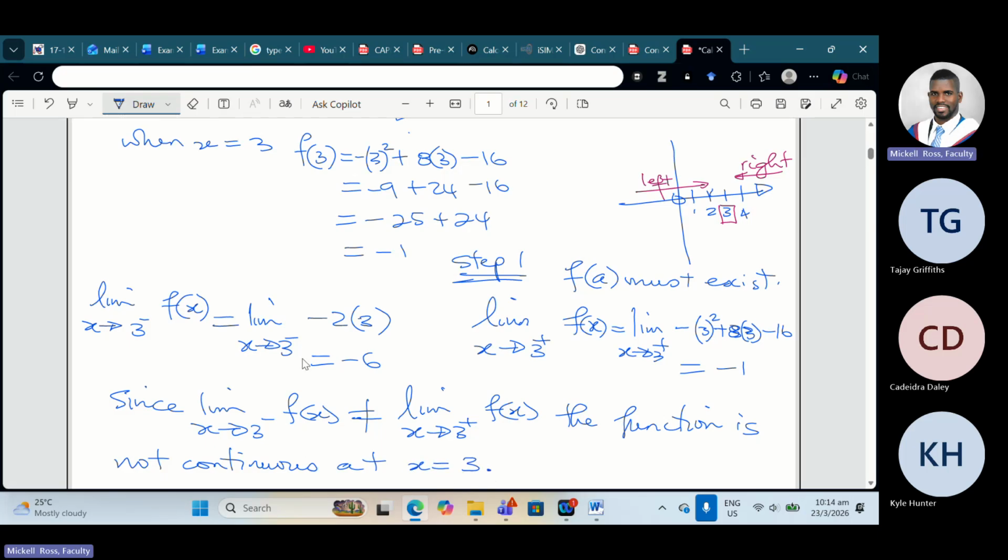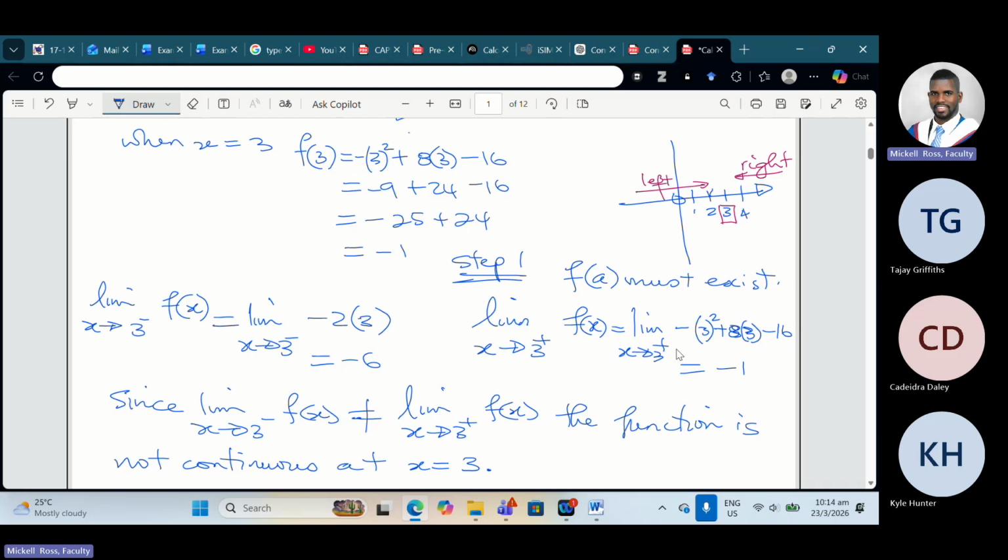All right, because it's not equal for both of them. One of them is equal to negative 6, the next one is equal to negative 1. So in order for it to be continuous, you must get the same answer.